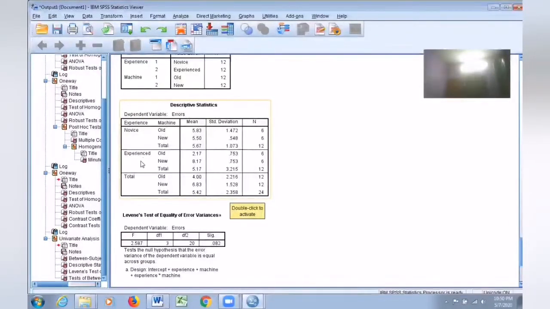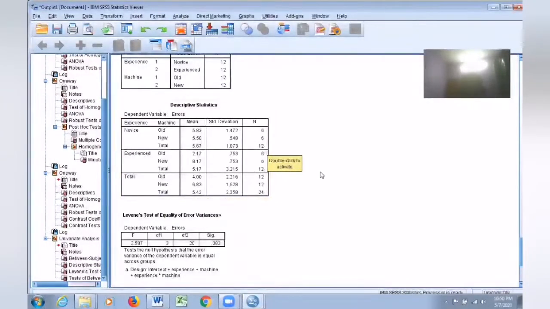But if you take experienced respondents, the mean errors they commit on the new machine is more than the mean errors on the old machine. If you take the overall performance, the number of errors are less in the old machine and more in the new machine. So you could guess that some difference is there.